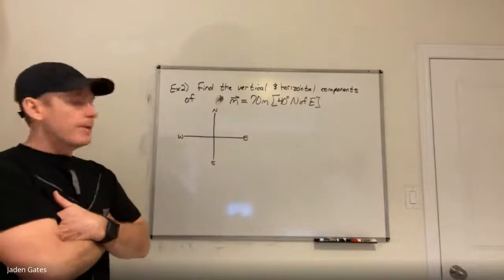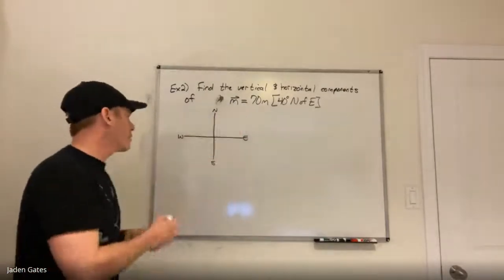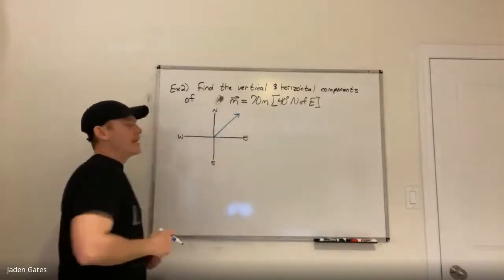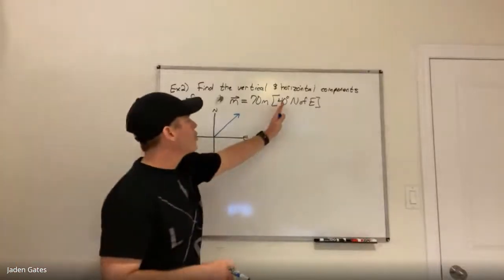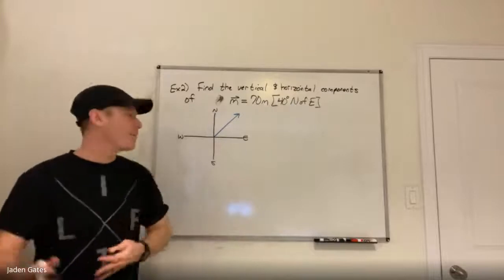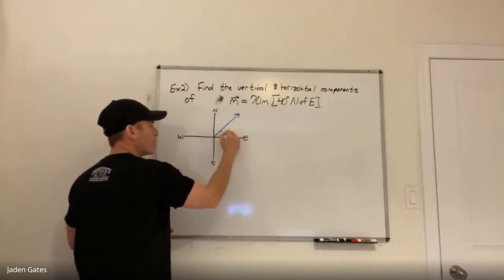All right, so I know it's in the northeast quadrant. So I'm just going to draw my vector in here. The key here is, where does that angle go? So again, it's 40 degrees towards the north from the east. So I'm going from the east towards the north. There is my 40-degree angle.